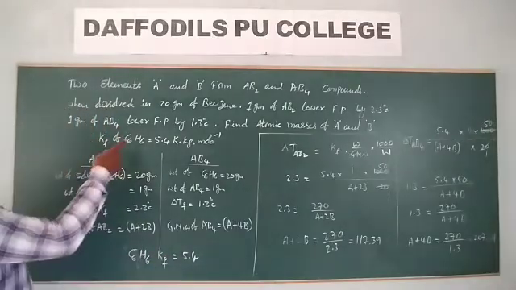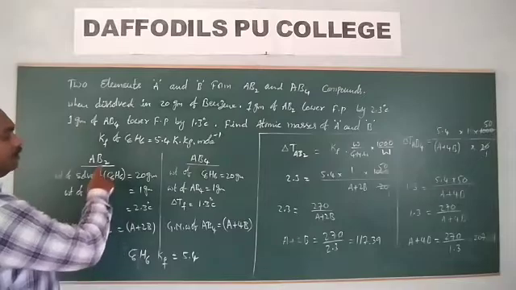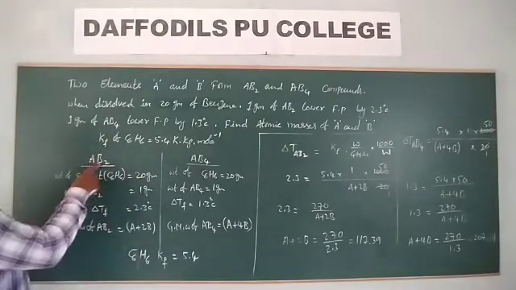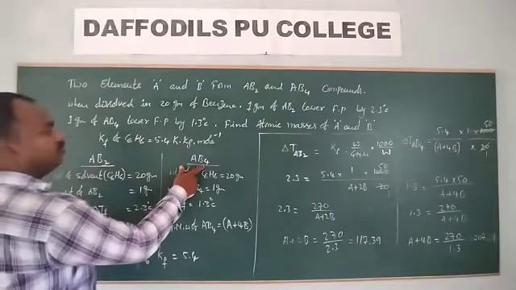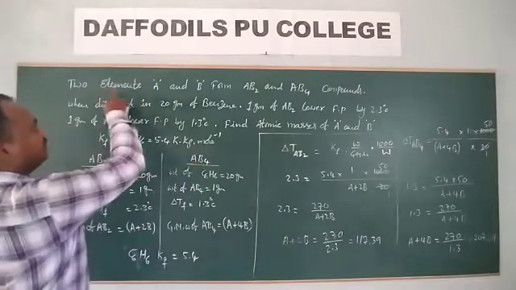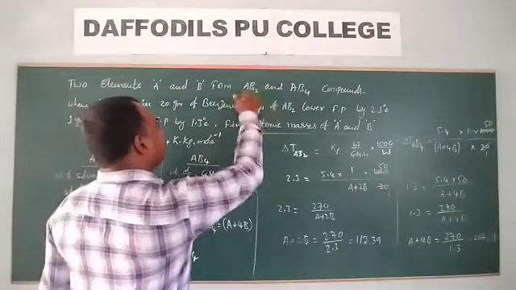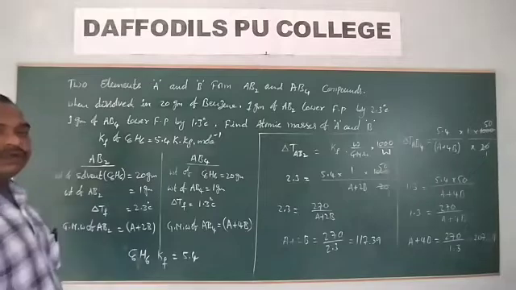Now I am writing all the data which is given in the problem. Here AB2 molecule is taken, here AB4 molecule is taken. With A and B elements, they are getting two different kinds of compounds, AB2 and AB4.